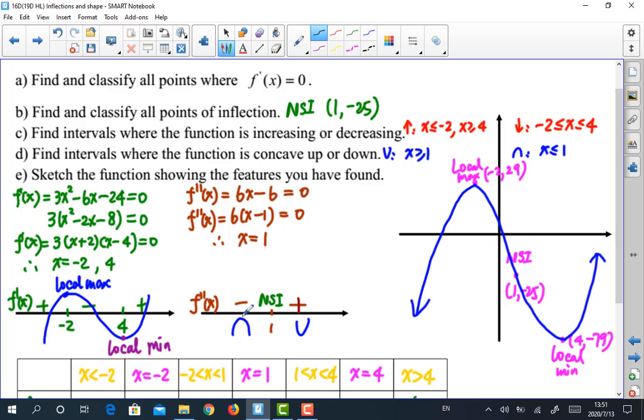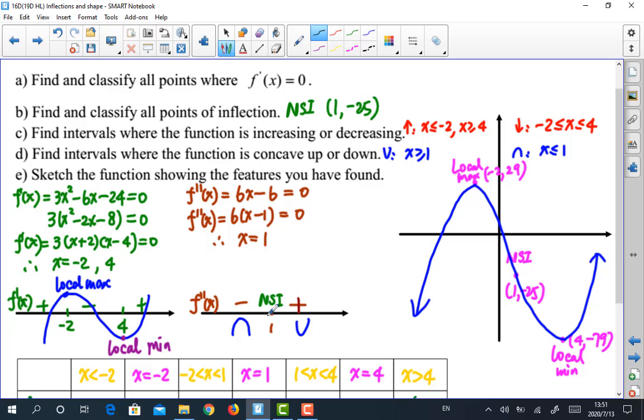When x is less than 1, the second derivative is negative. When x is greater than 1, the second derivative is positive. So that means on the left side of x equals 1, this function is concave down, then concave up after x is greater than 1.